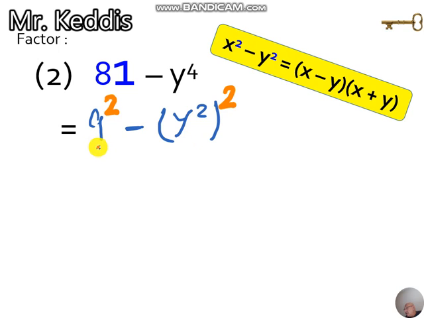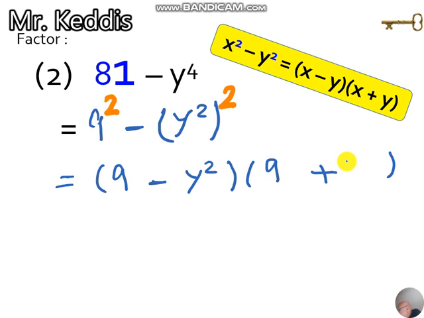To factor this, 9 minus y squared times 9 plus y squared. So big brackets, 9 minus y squared and 9 plus y squared. This is the sum of two squares.